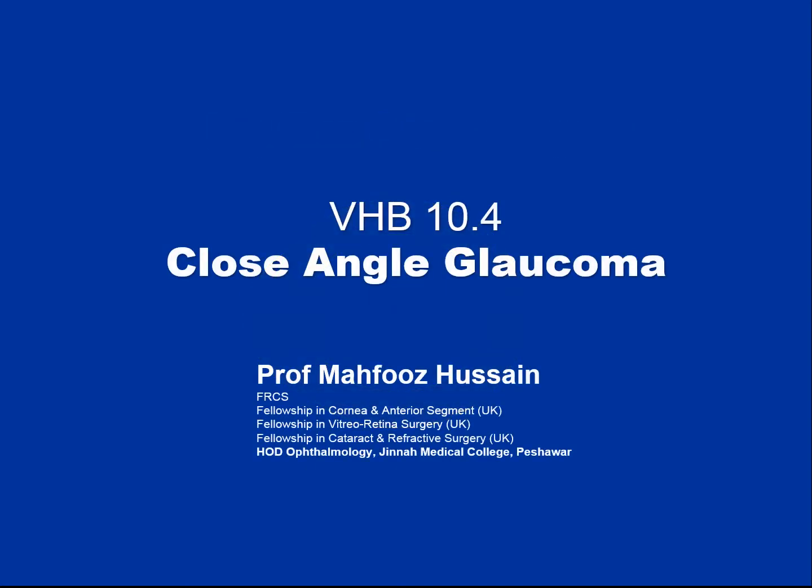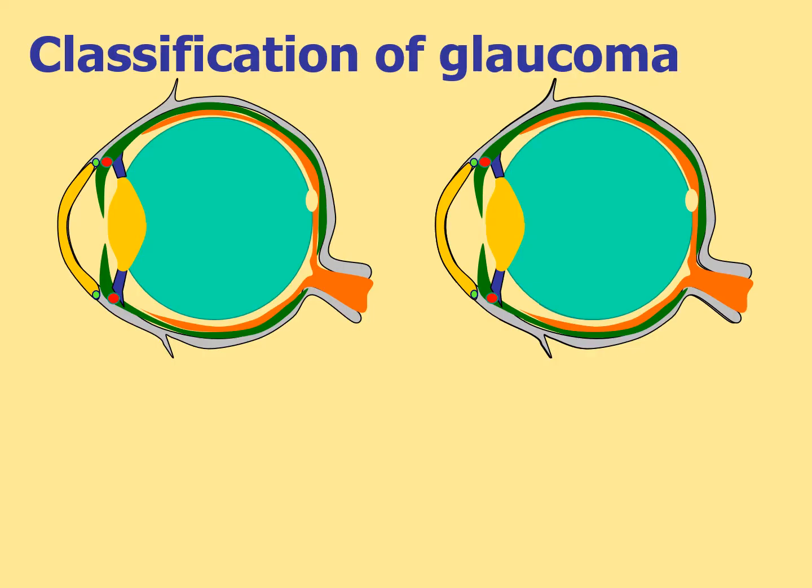In this video, VHB Video Handbook Chapter 10 Section 4, we will discuss closed angle or angle closure glaucomas. Look at the diagrams here. Both these eyes have open angles, so if they develop glaucoma, we will call it open angle glaucoma.